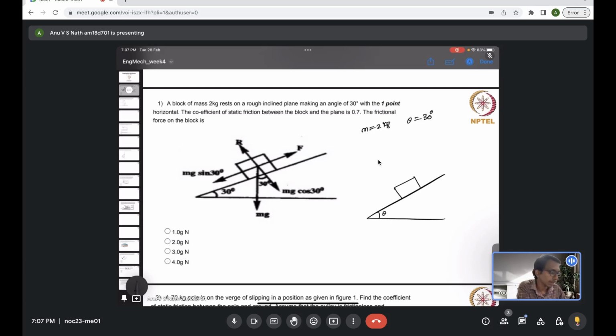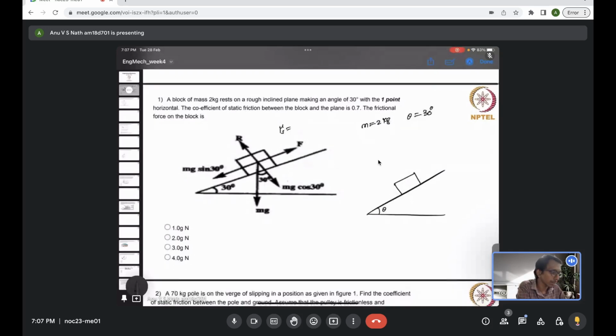There is an angle of inclination above which this body will start to slide down, which depends on the surface friction. Here the coefficient of static friction is given as 0.7, and the critical angle above which the body starts to slide is the tan inverse of 0.7, or tan inverse of the friction coefficient mu(s).